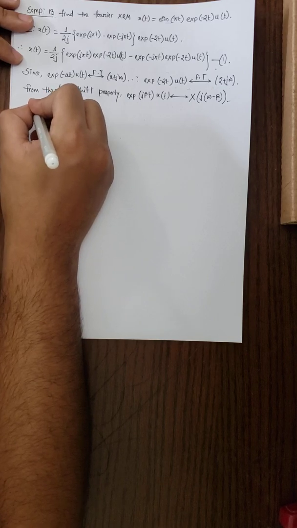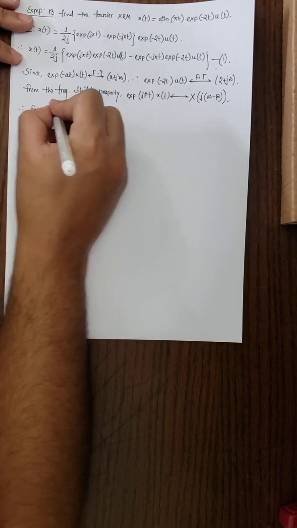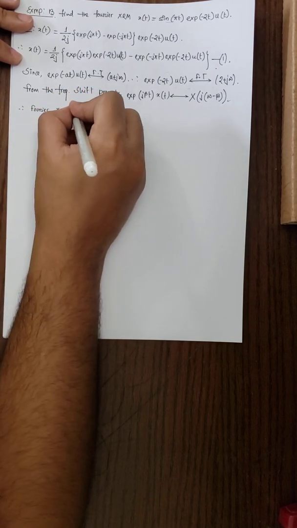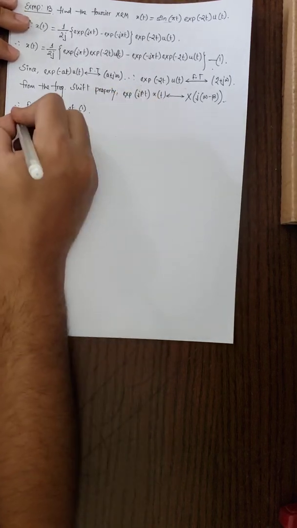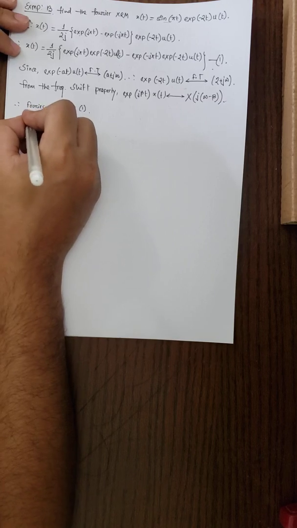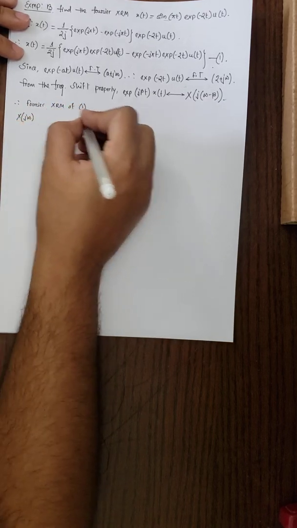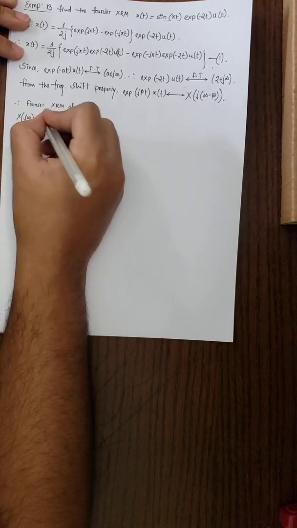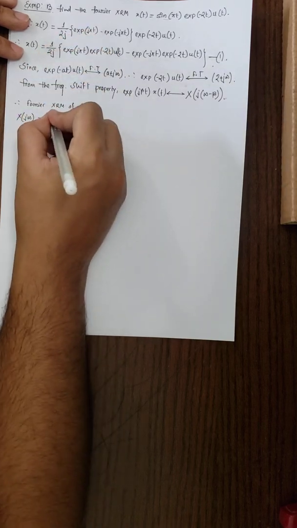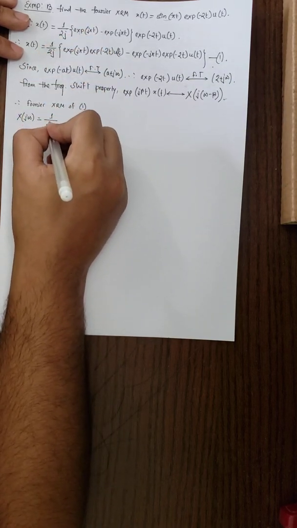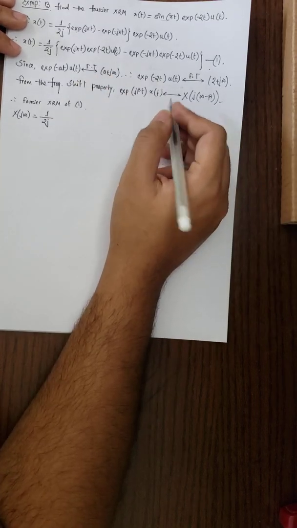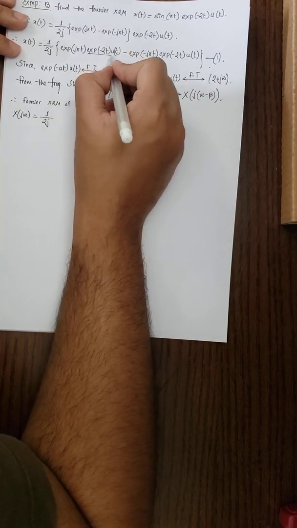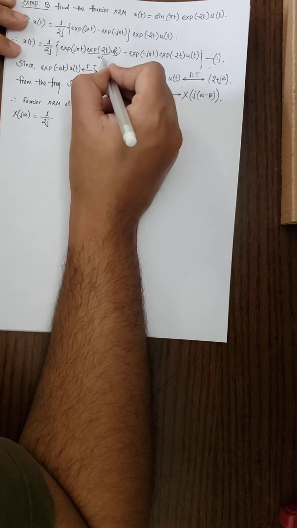So the Fourier transform of equation 1, which is x of j omega, will be the constant term 1 over twice j remains as it is, and we consider this part of the expression to be our x of t.